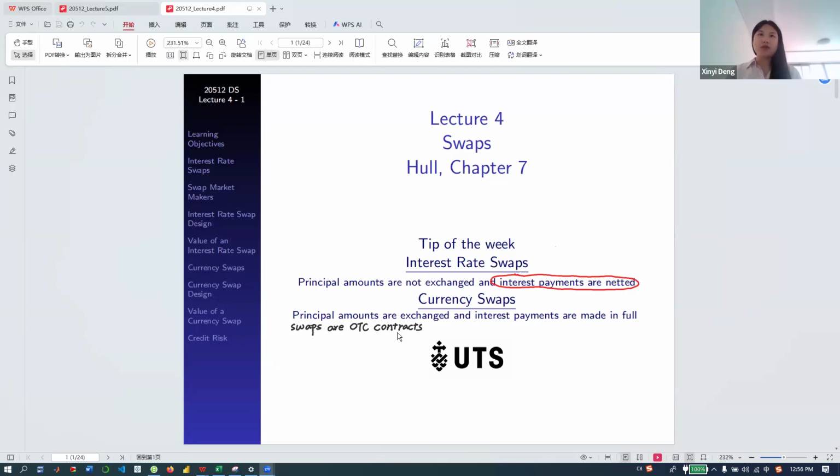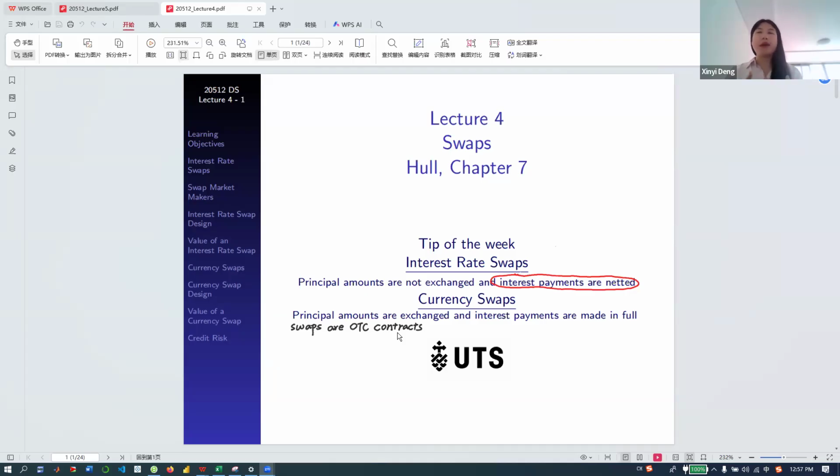For interest rate swaps, you would have some nominal principal amounts, and the interest payments will be derived based on those principal amounts.